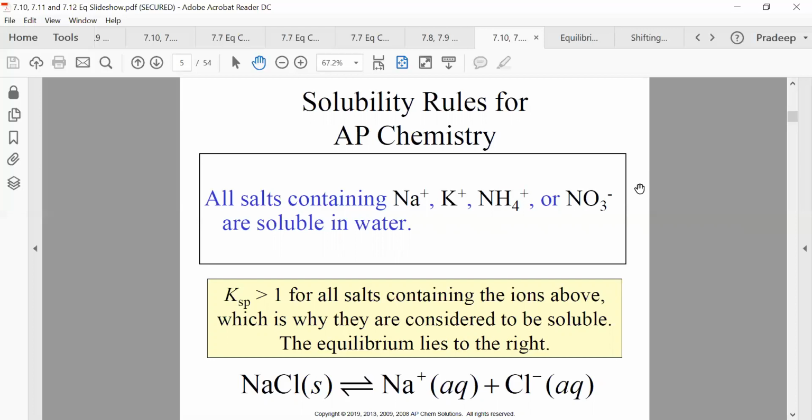So how will you know whether a particular product is highly soluble or less soluble? For that, you need to look at the KSP values. The higher the KSP value, the more soluble a particular product is.